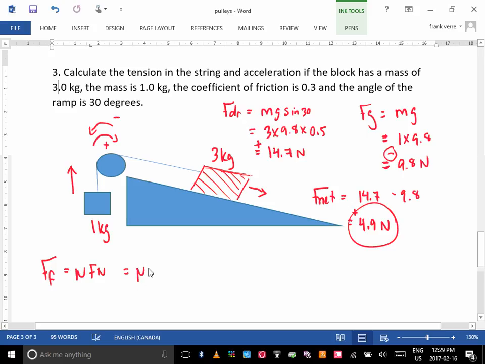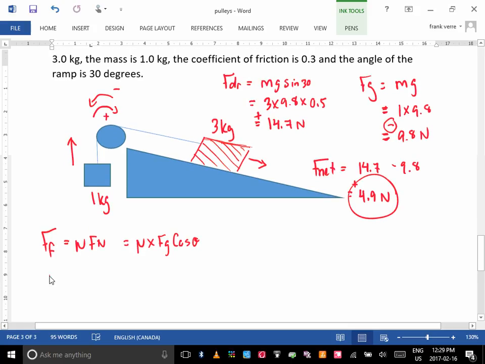So if you remember, normal force on a ramp is a function of what? It's weight times cosine theta. So mu is 0.3.